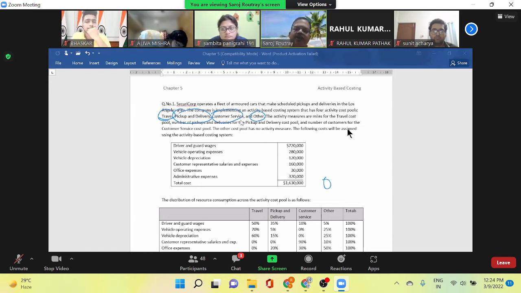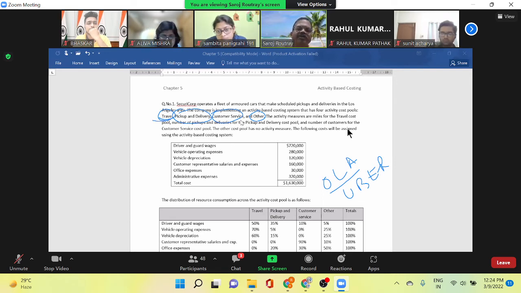For example, you take Ola or Uber. The activities they do: they have their vehicles, right? And those vehicles and drivers are engaged in travel work or pickup and delivery.